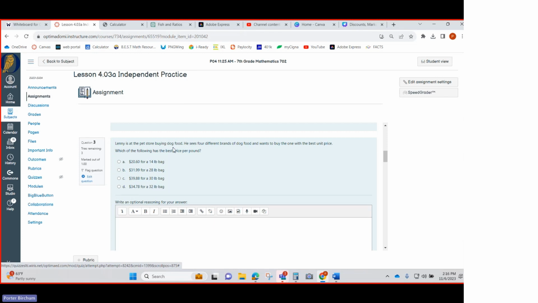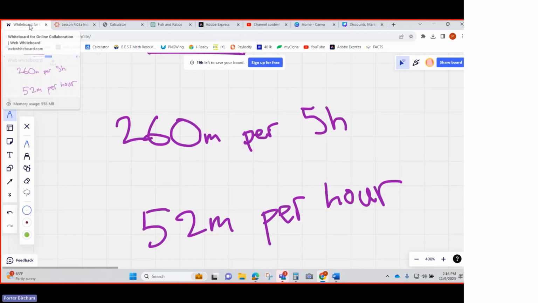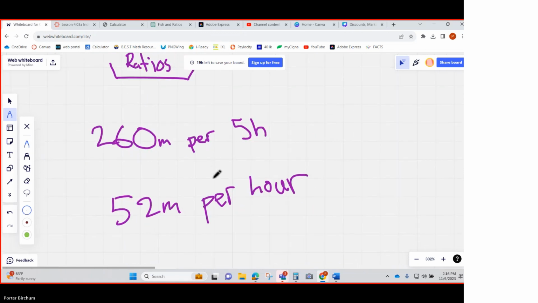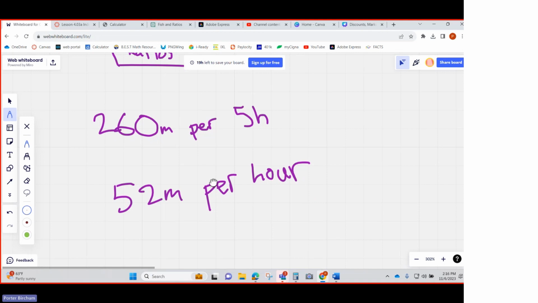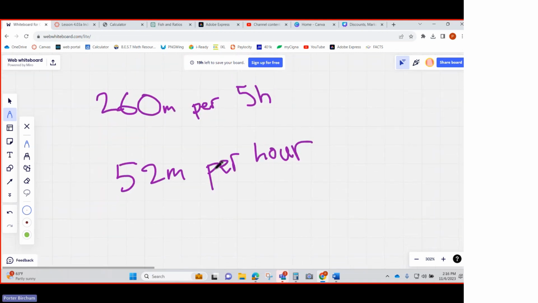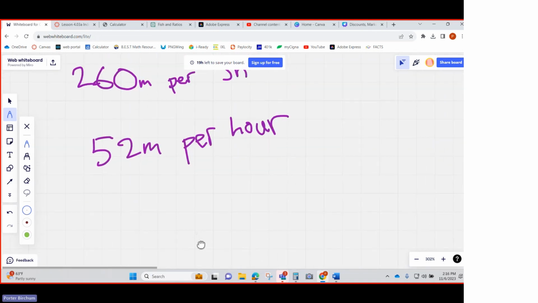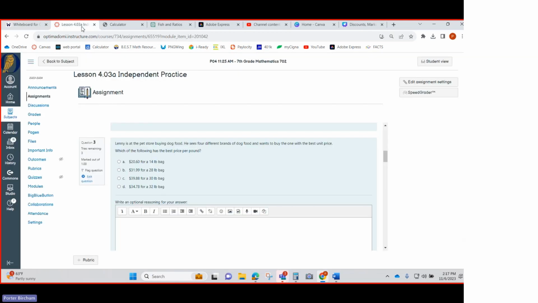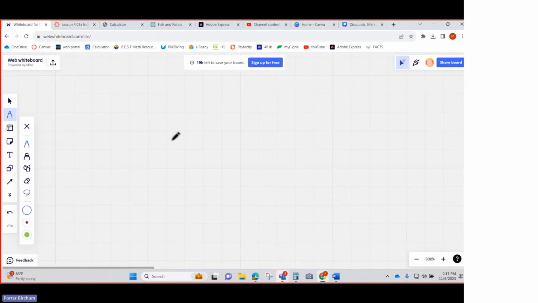So let's find the price per pound, or the dollars per pound. Let's maybe use this same method. I'm going to set it up a little different, but still do the same thing of first number divided by second number. So dollars per pound, 20.60 and 14.